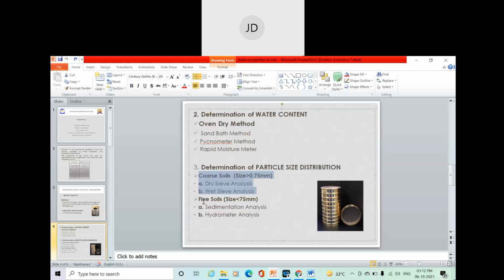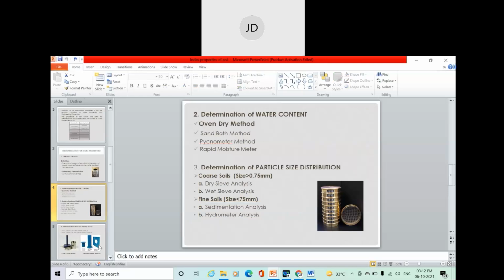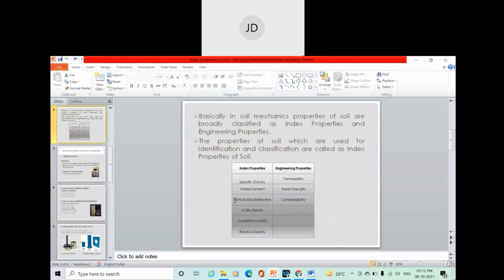For fine grain soil, we can go for sedimentation analysis. Under sedimentation analysis, we have hydrometer analysis and pipette analysis. I'm going to give all the details of how it is done in the laboratory. So this is particle size distribution.